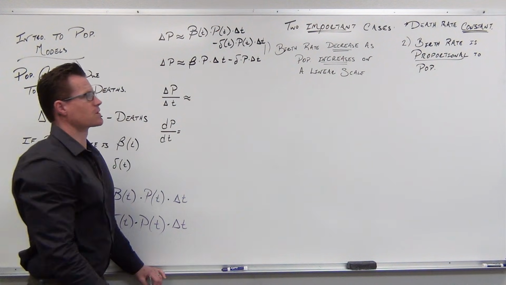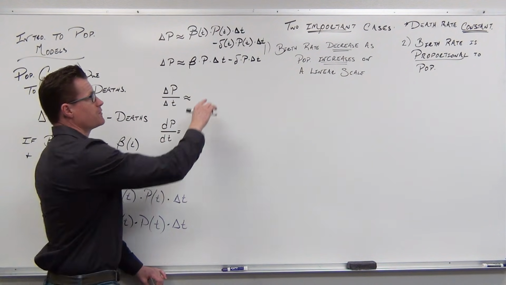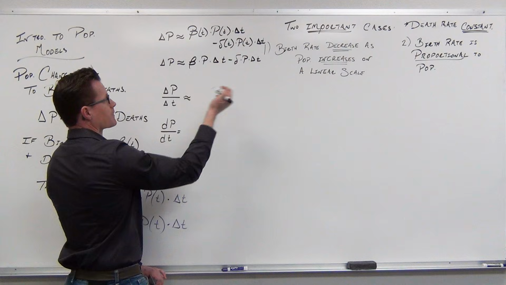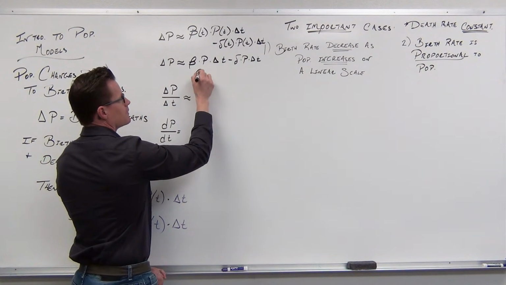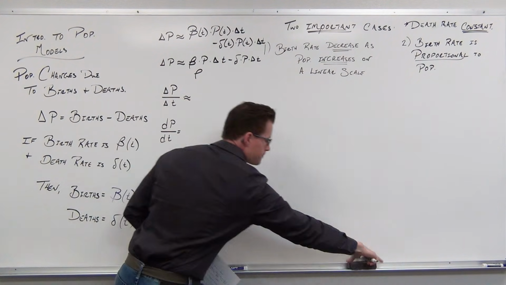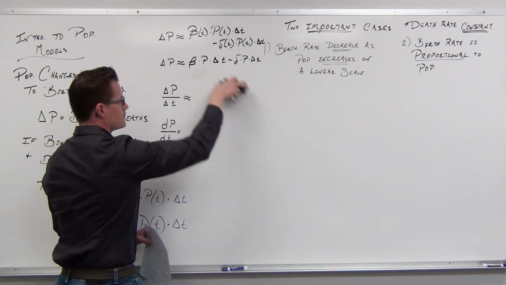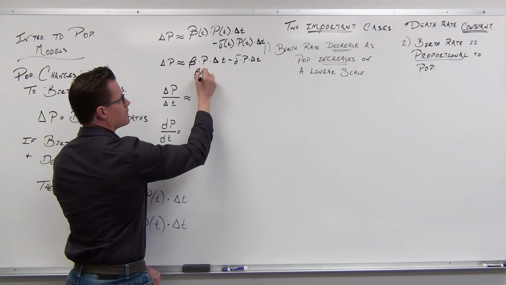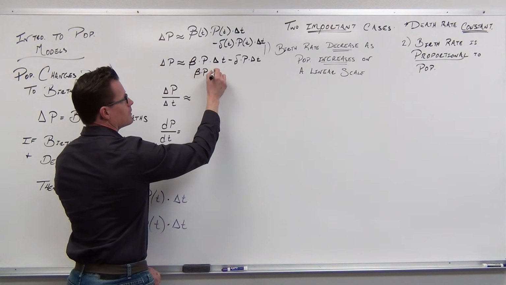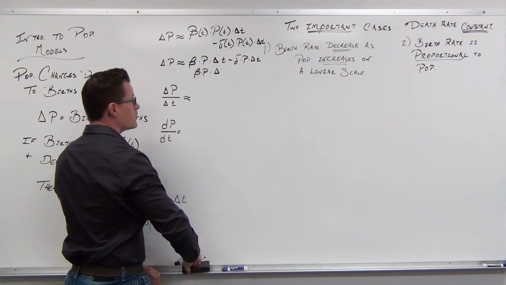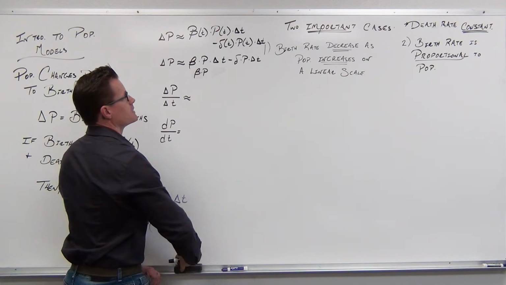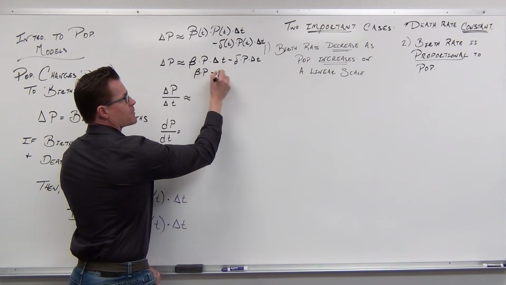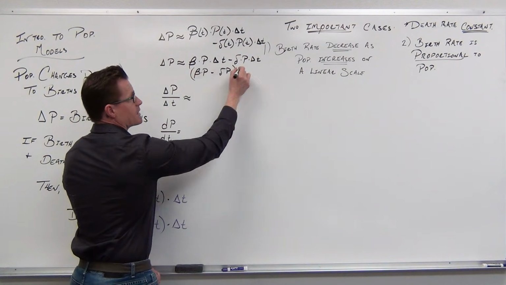And we're going to factor out that delta t, and we're going to divide. So if we factor this out, that's a funny looking beta. Factoring out that delta t, we got birth rate times population minus death rate times population, and then we got this delta t.